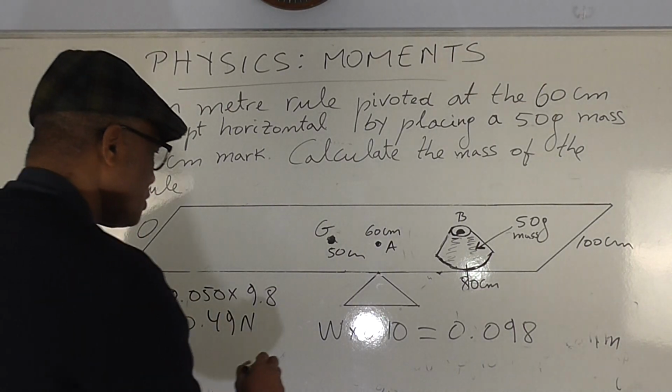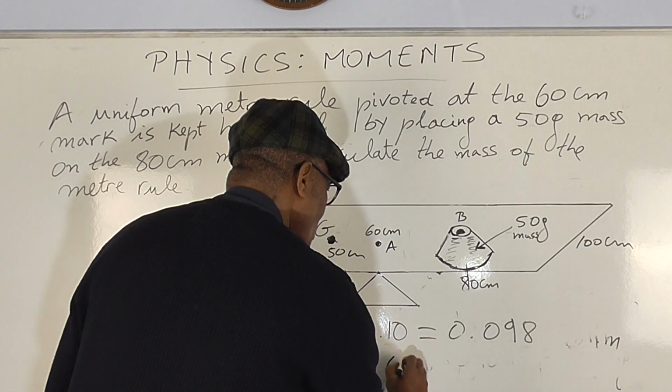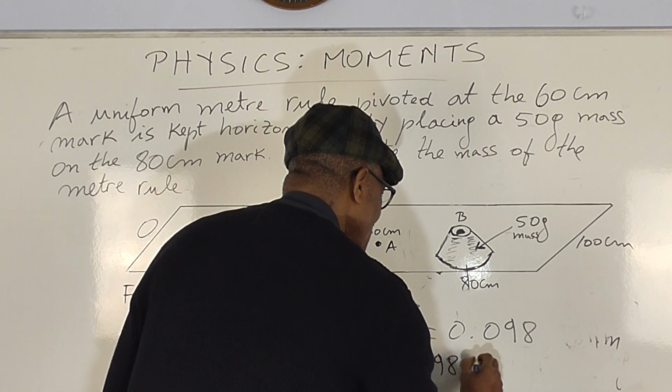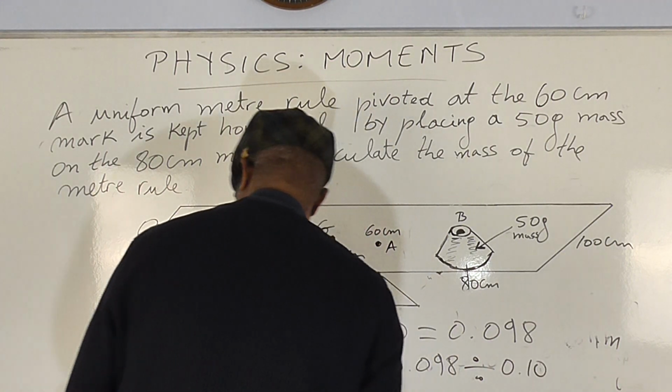So W, what we are looking for, will be equal to 0.098 divided by 0.10.